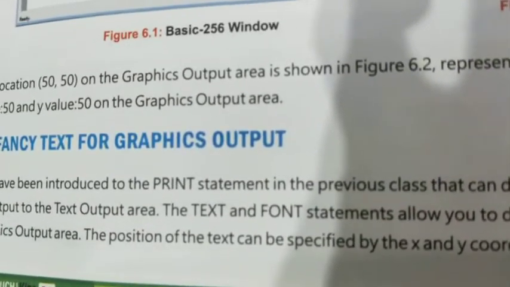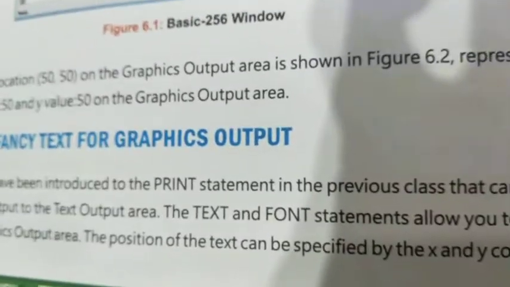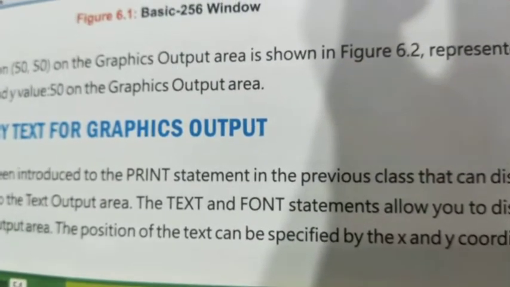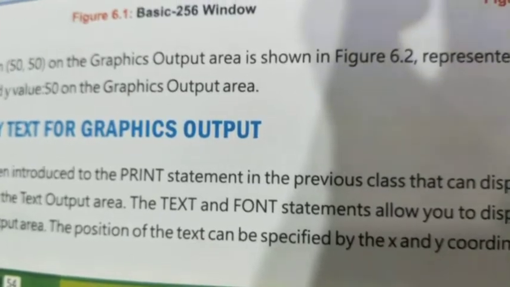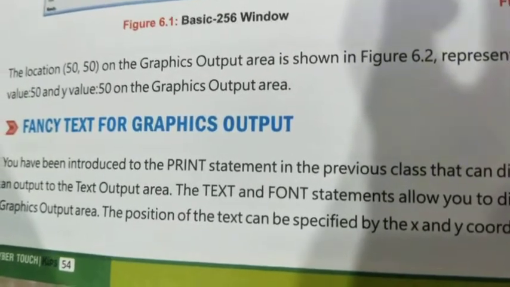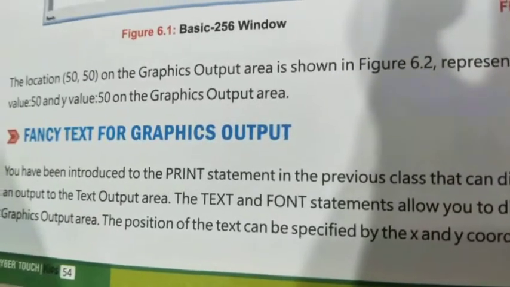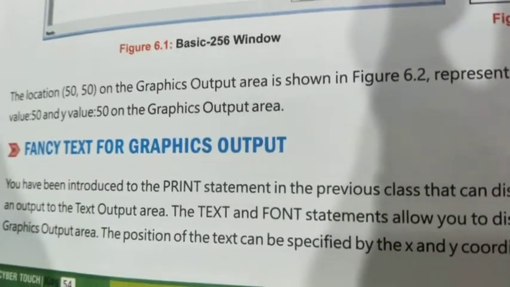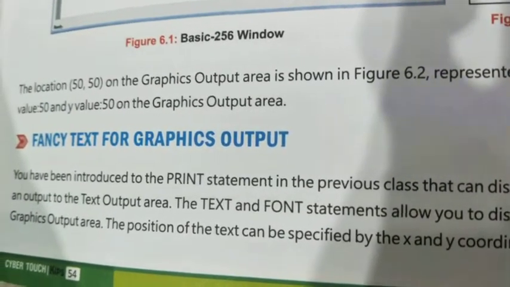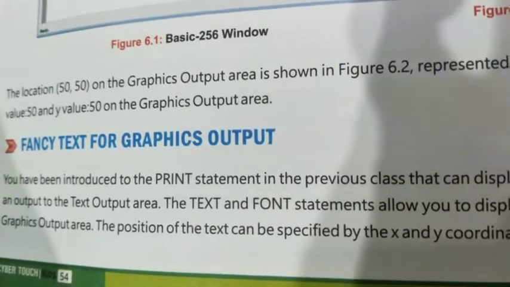The font command is used to give the system font name, for example Verdana, Algerian, Cambria, etc. That font should be available in your computer, then only you can use it. So the text command and font command are used to make your text and font fancy.